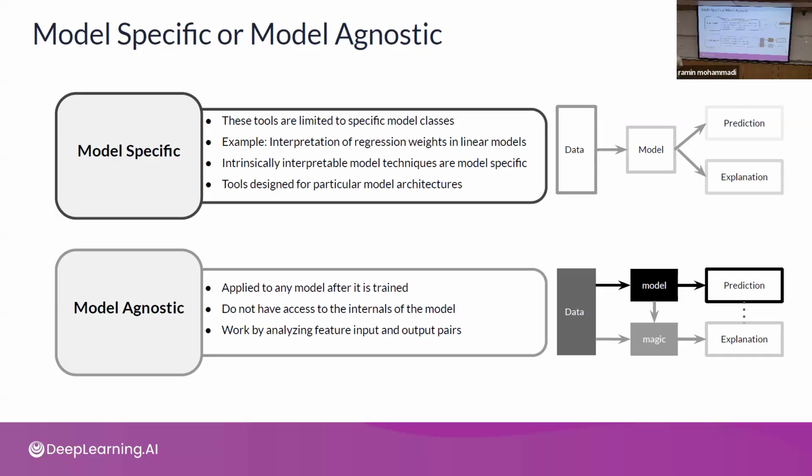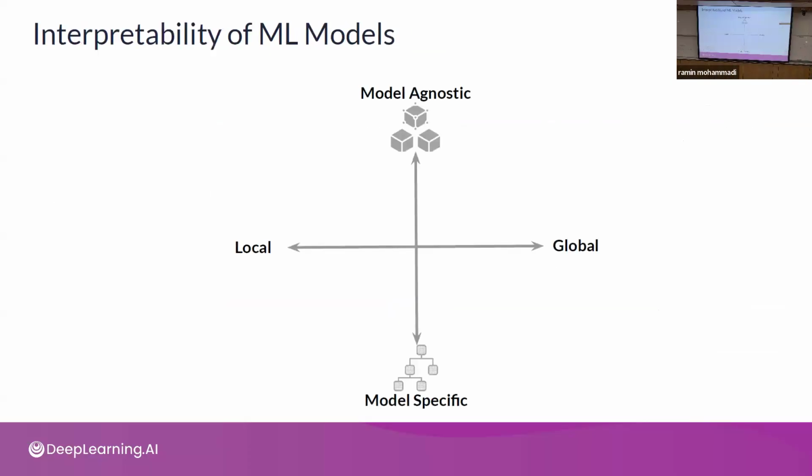It's like a library you imported and you can apply it to any model that you are working with for certain types of data. So model agnostic versus model specific. And you can look at all of those like this: model agnostic, model specific, global, local, when it comes to interpretability of these models.